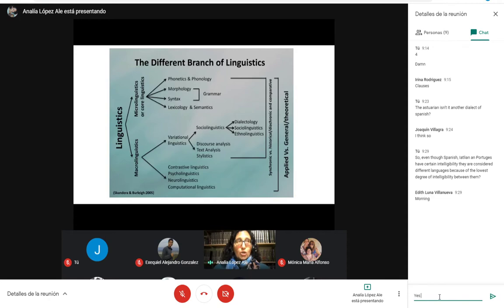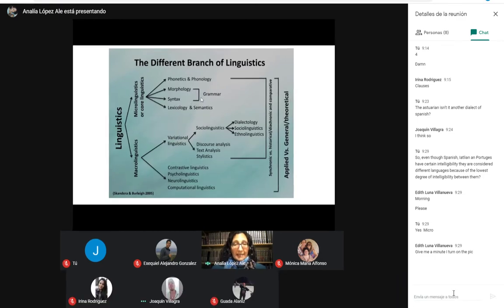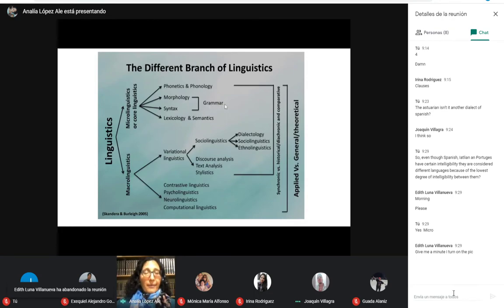Grammar belongs to micro or macro linguistics? Very good. Yes, it is here. It deals with all the levels of analysis of morphology and syntax. And what is grammar? Can you give me a definition of grammar?